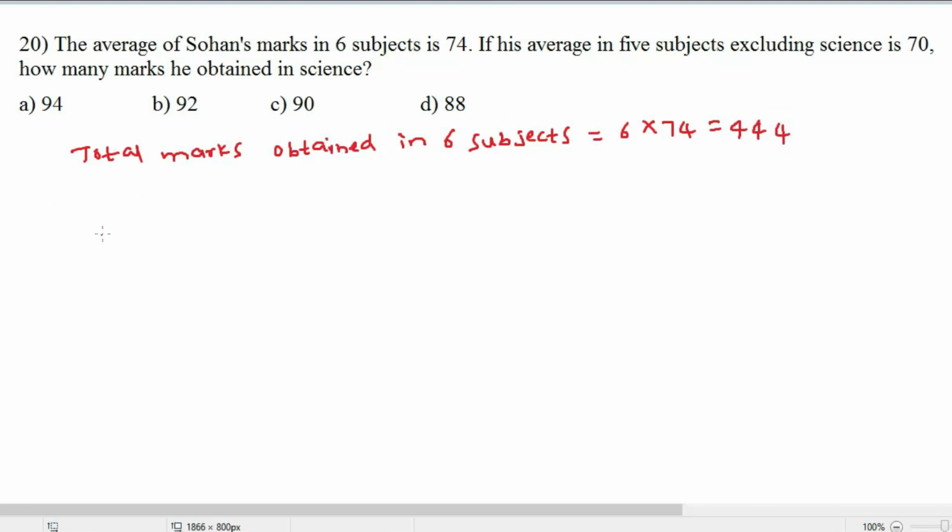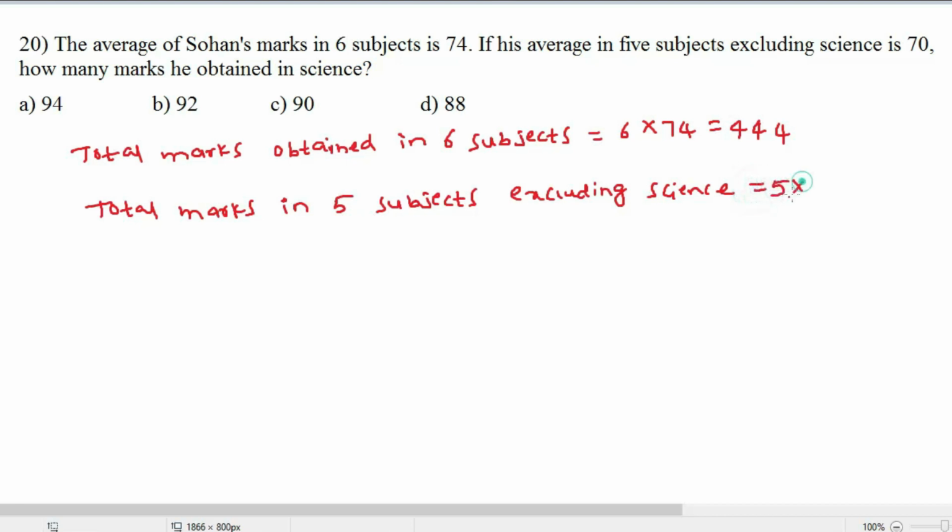Total marks in 5 subjects excluding science equal to 5 into 70 equal to 350.